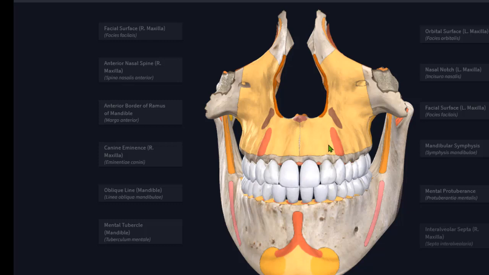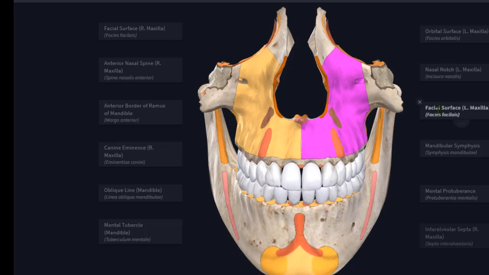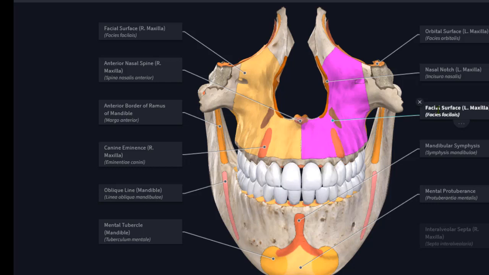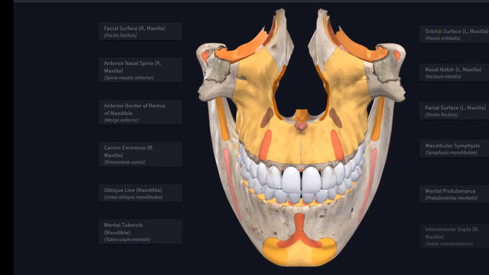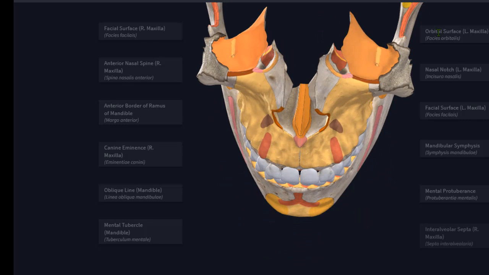In the frontal view you can see the surfaces. The anterior surface is known as the facial surface, which you can observe here. Then you will find the superior surface, or the orbital surface. The orbital surface makes the inferior floor of the orbital cavity.